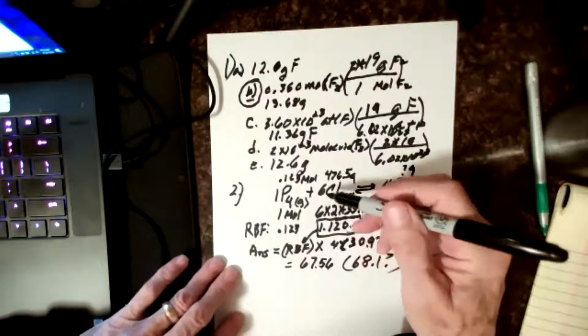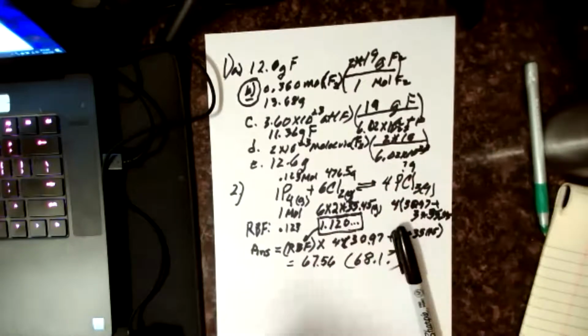Well, it wasn't. Let me be sure I got the rebalancing factor correct. 476.5. That's the amount of the chlorine, and there's 6 of them, divided by 6 and divided by 35.45.